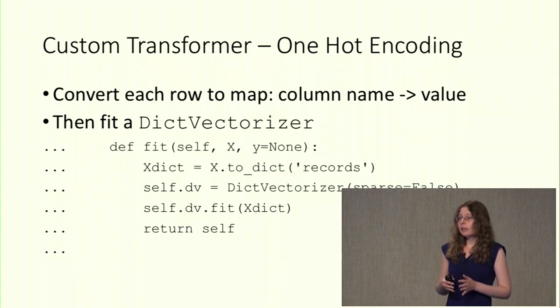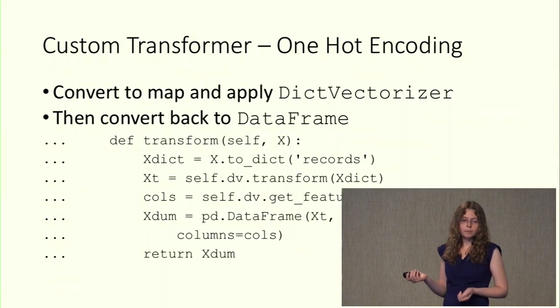And we take the X data, which will be a bunch of string columns, and turn each row of that data set into a record, a mapping from the column name to the column value. This is the format the dict vectorizer wants, so we fit it, and then we return the transformer object.